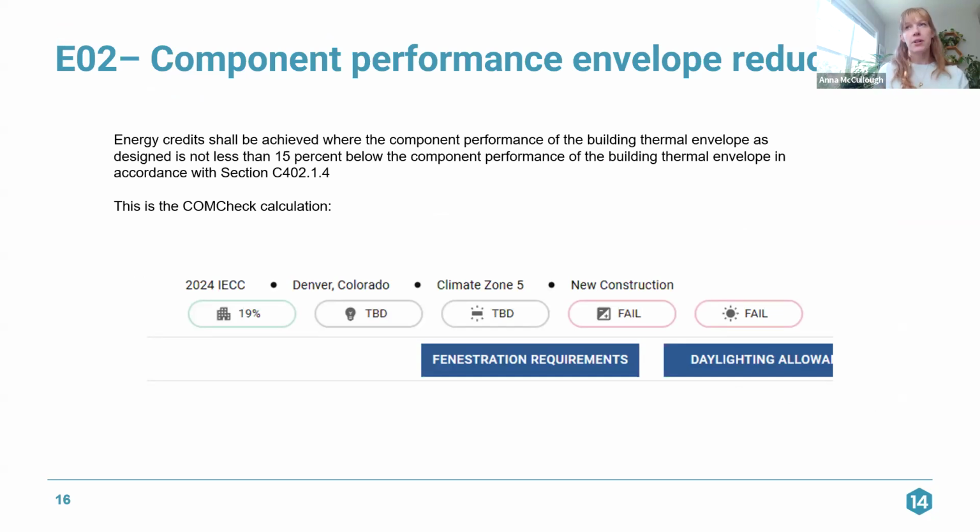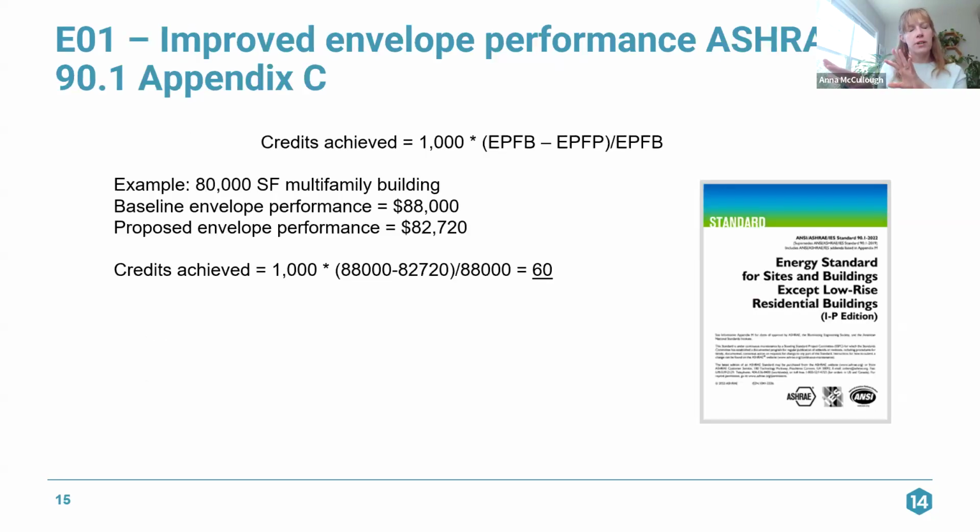The next envelope credit is E02. So remember E01, and sorry, let me make this point before I forget. E01 shows us what the envelope as a whole does for the building in reducing the annual energy cost for a set HVAC system that doesn't even have to be related to what you install.